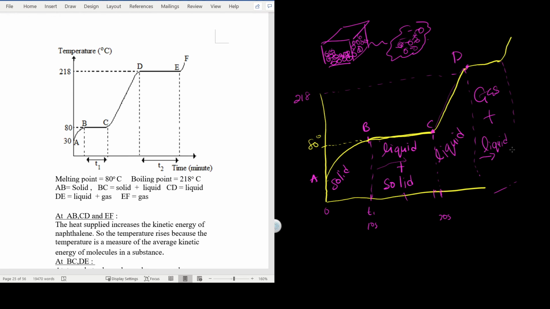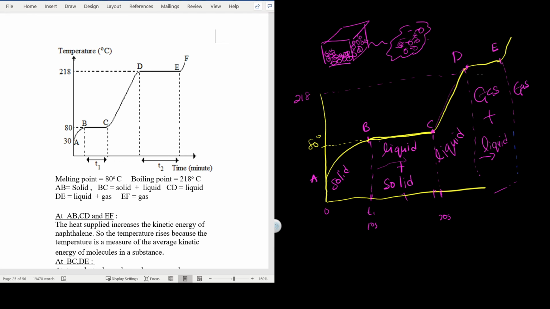So at point E, once they reach E, what will happen? At point E, we can say that all of this liquid has completely become gas.